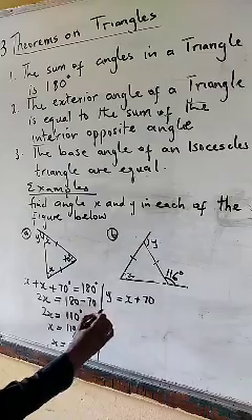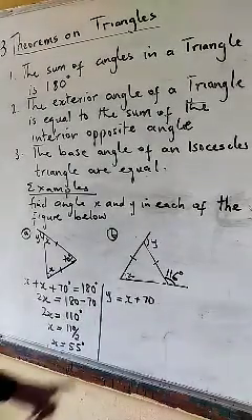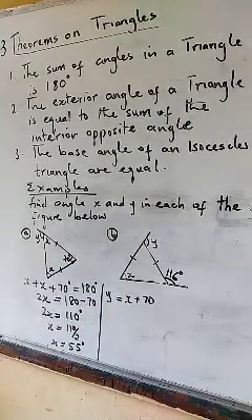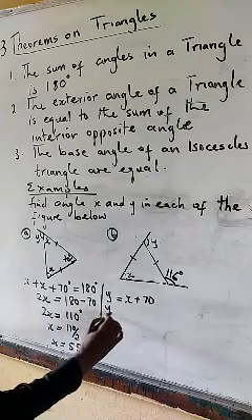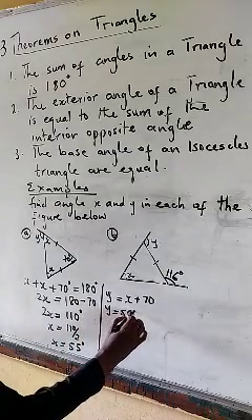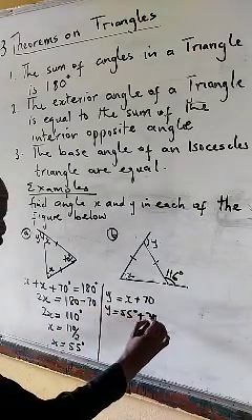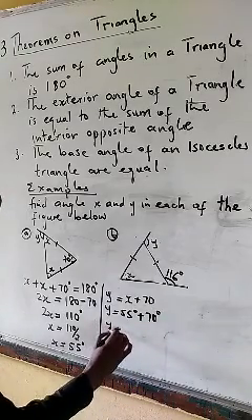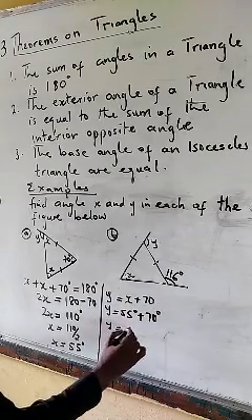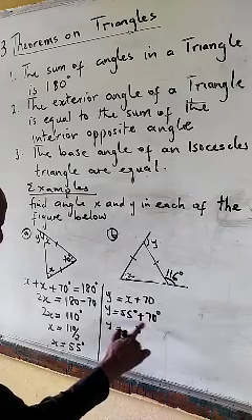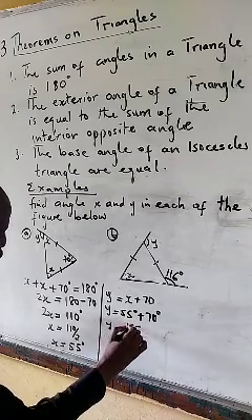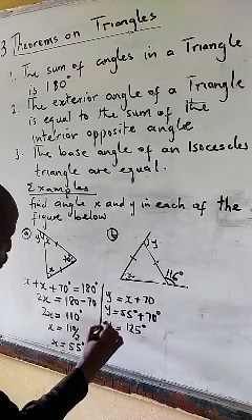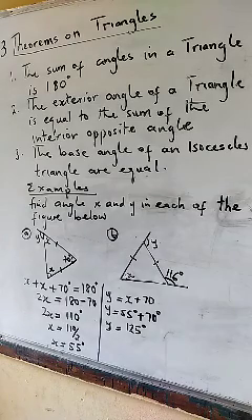We know our x to be 55 already. So y equals 55 degrees plus 70 degrees. 0 plus 5 is 5, 7 plus 5 is 12. So our y is 125 degrees. That is how to solve for the first triangle.